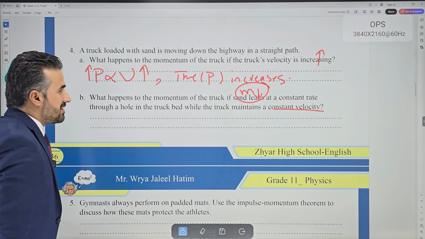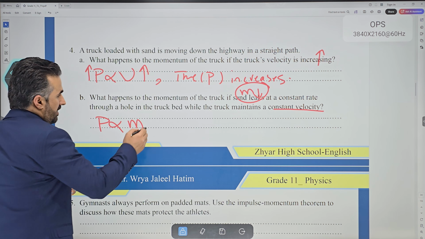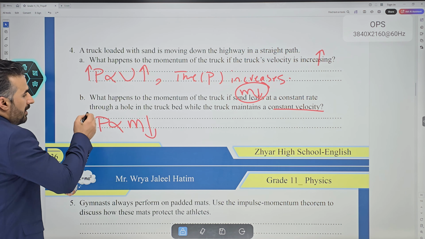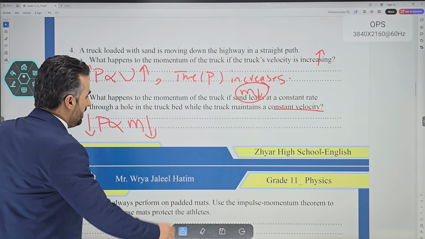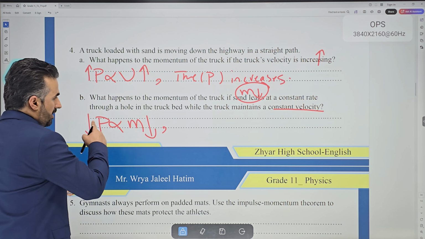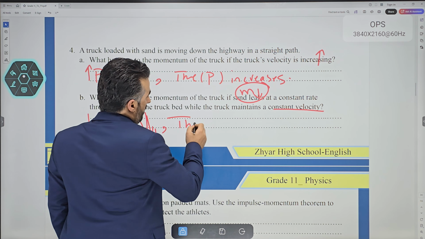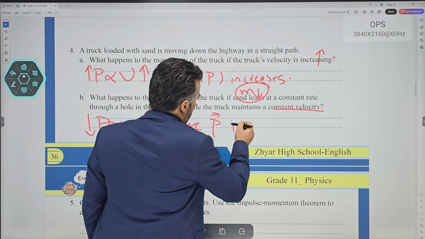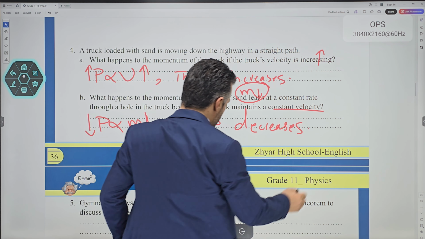Because the mass is decreasing, and the relation between momentum and mass is directly proportional, the momentum is also decreasing. Again, we can say the momentum decreases.